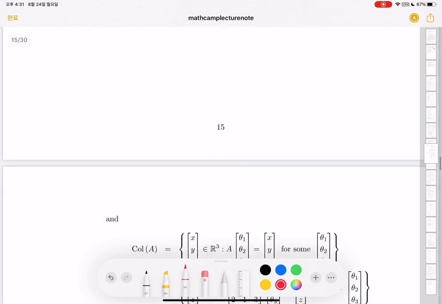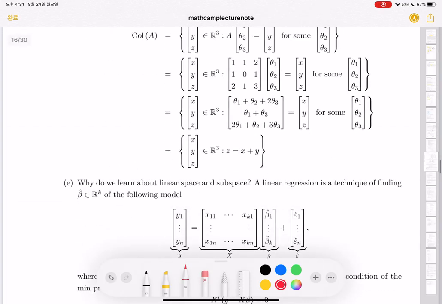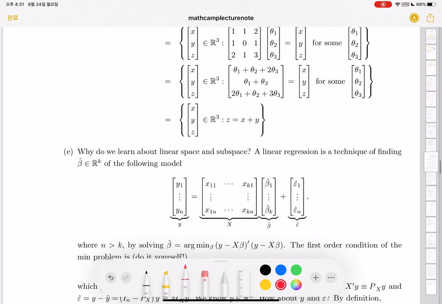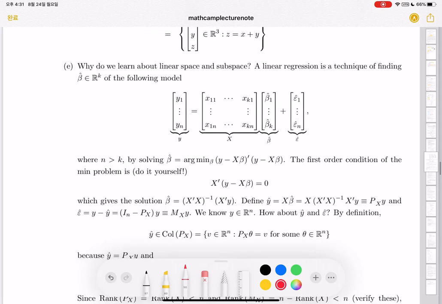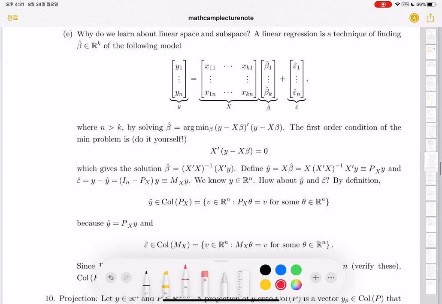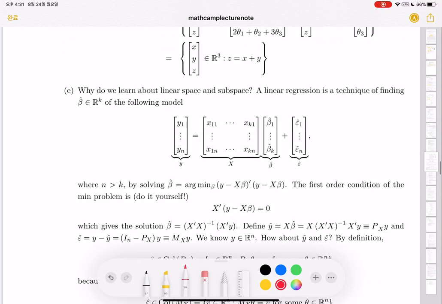And get an understanding of column space especially, okay, of a matrix. So eventually what this concept of column space and so on and so forth is related with is this.